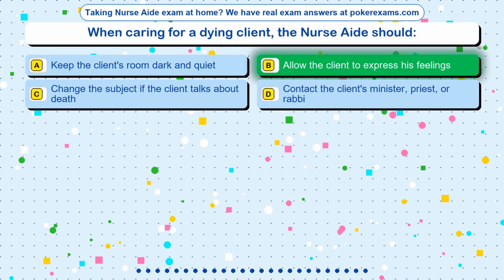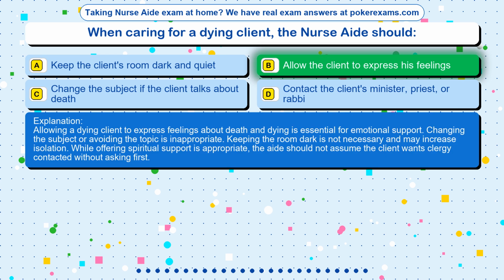The correct answer is option B. Allow the client to express his feelings. Allowing a dying client to express feelings about death and dying is essential for emotional support. Changing the subject or avoiding the topic is inappropriate. Keeping the room dark is not necessary and may increase isolation. While offering spiritual support is appropriate, the aide should not assume the client wants clergy contacted without asking first.